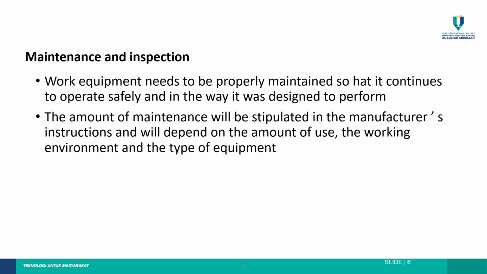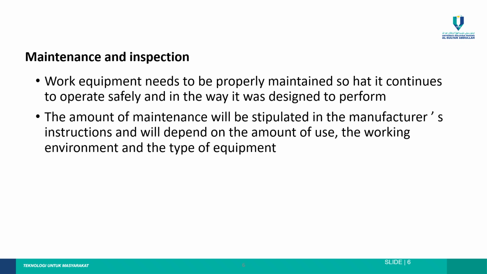For example, you can relate it to a vehicle. If the manufacturer says that the lubricant must be replaced every 6 months at maximum, you need to follow the requirement that has been set by the manufacturers.